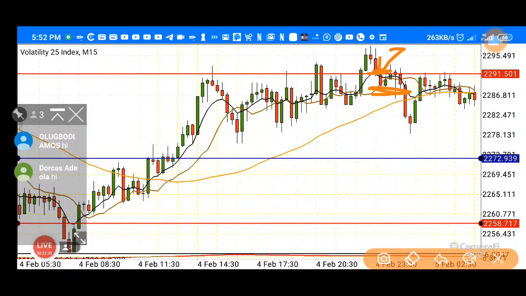So this market would have hit your stop loss before coming down here, so you wouldn't have encountered much losses. And you place your stop loss here.